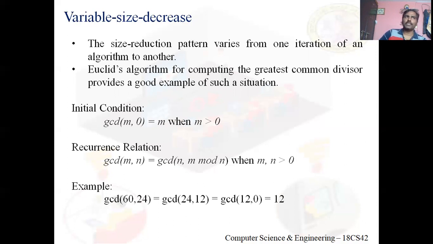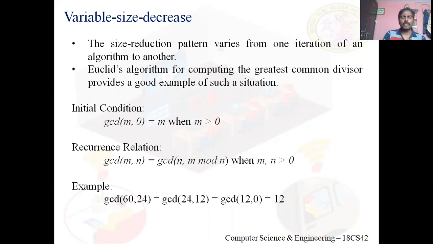See, in the first case, decrease by a constant. Suppose I want to compute a power n, I will compute a power n minus 1. For that, I will multiply a. To compute a power n minus 1, I'll compute a power n minus 2, and multiply a.